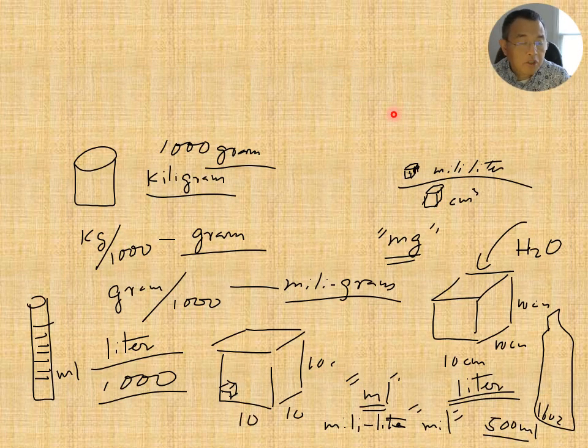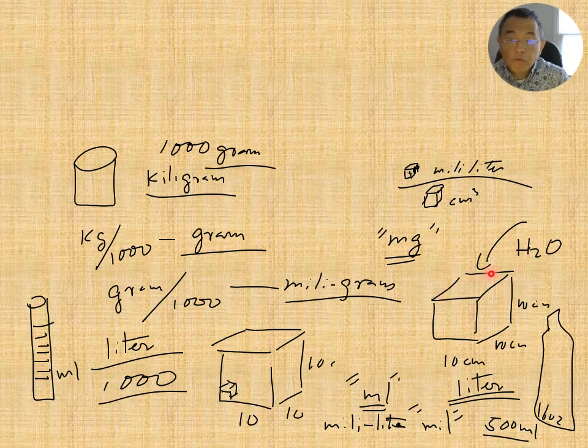Now let's recap what we talked about in the previous class. A kilogram is 1,000 grams. If you divide by 1,000, it's a gram. Also, if you use a decimeter, which is 10 centimeters in size, to make a cube, that cube has a volume of 1 liter.